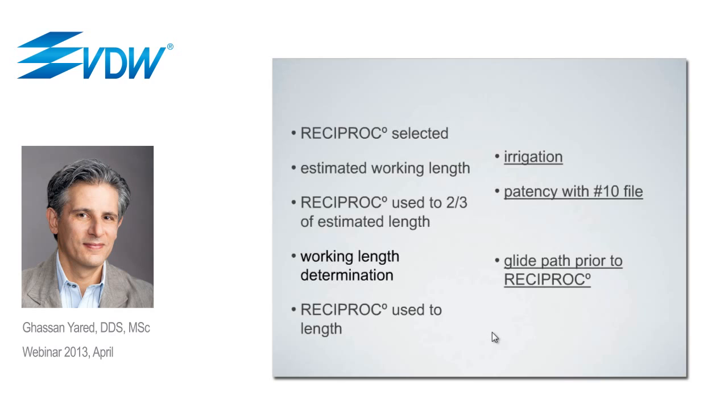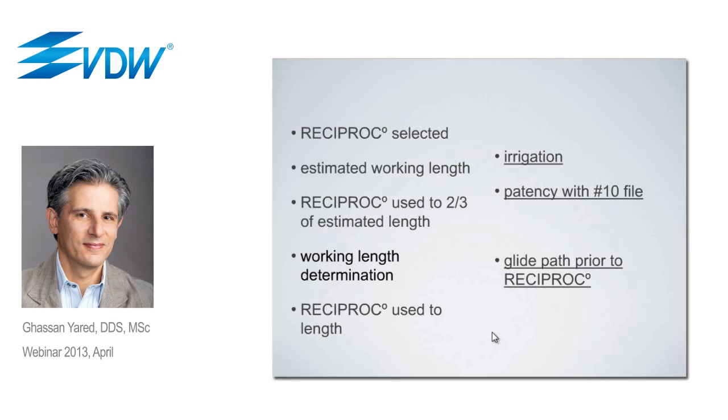So again, once the reciproc instrument reaches the estimated length minus 4 or 5 millimeters, we would then take a hand instrument, number 8 or 10, straight. We do not pre-curve it, and again, this is against the current teaching standards. We put it in the canal with watch winding until it reaches length.